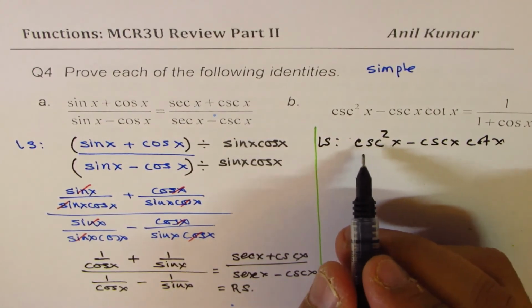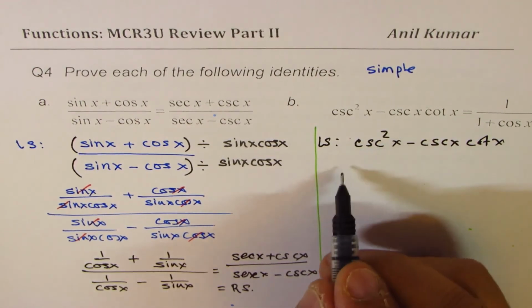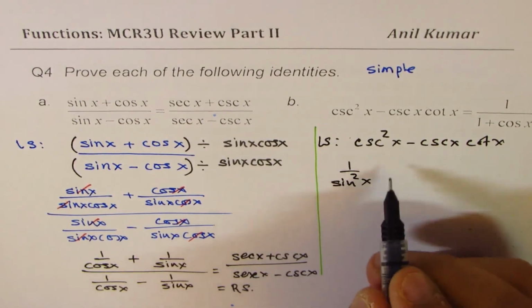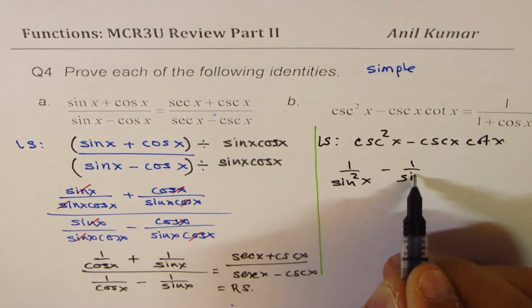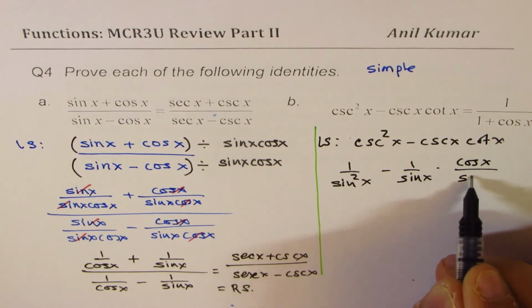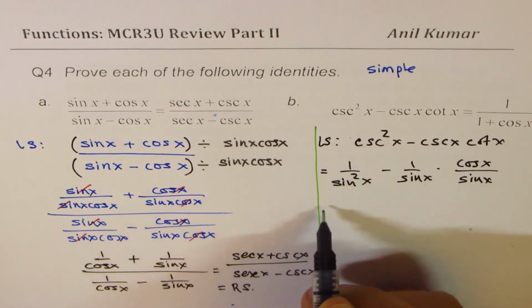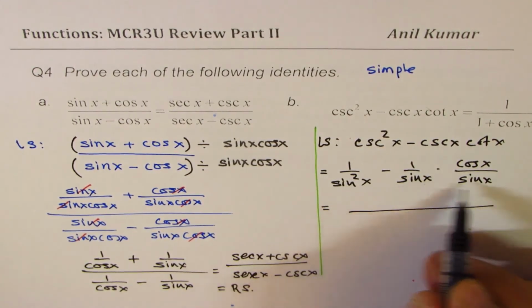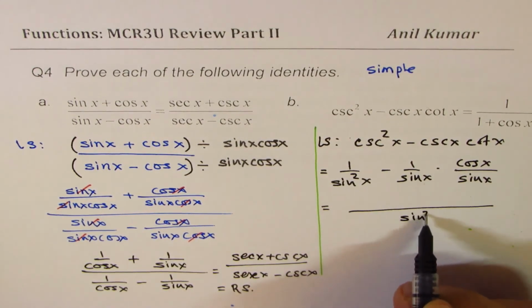Let's write them in sine and cosine terms. Cosecant is 1 over sine, this is a square, so we'll write 1 over sine square x minus 1 over sine x times cos x over sine x, correct? So that gives you a common denominator of sine square x.